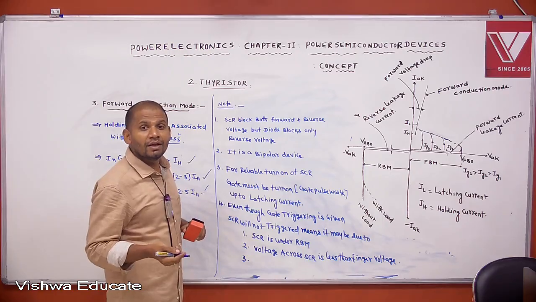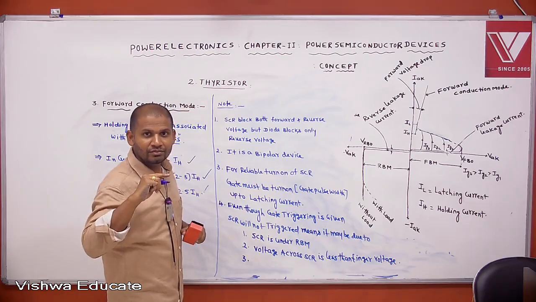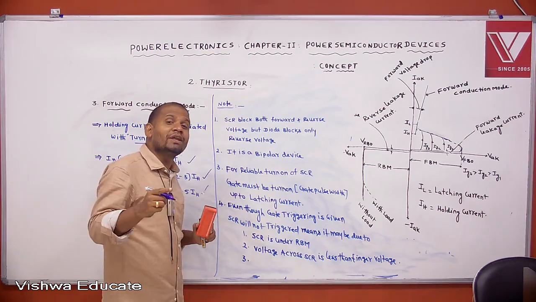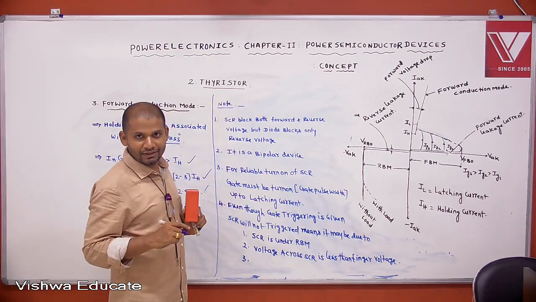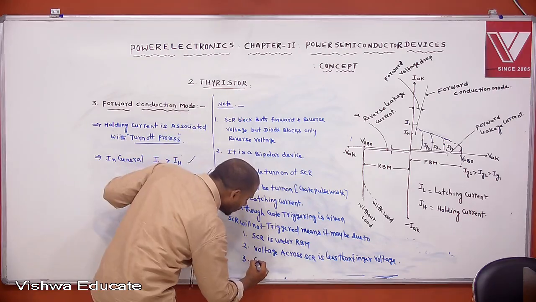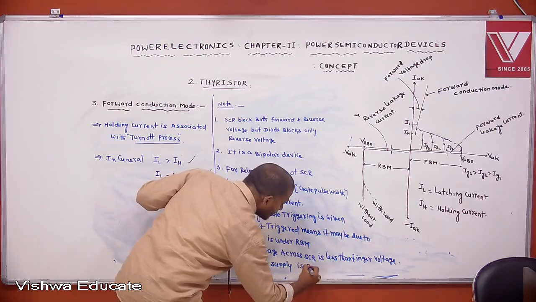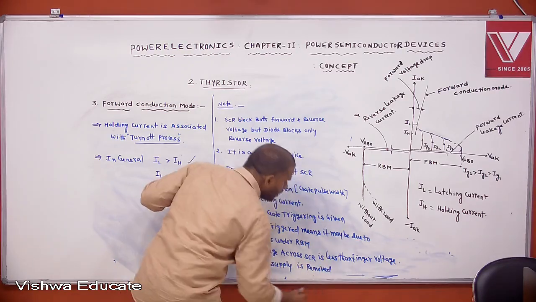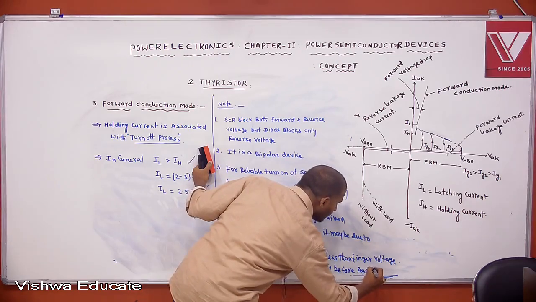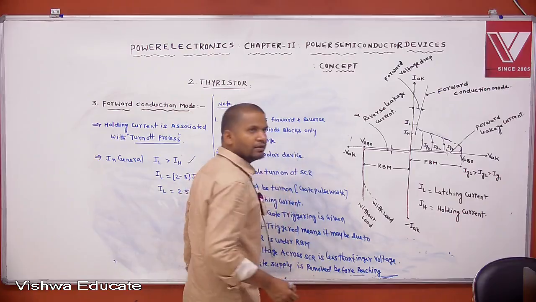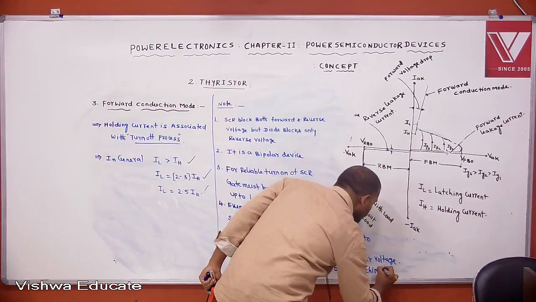The other one is gate supply is removed before reaching the latching current, before the anode current reaches the latching current IL.